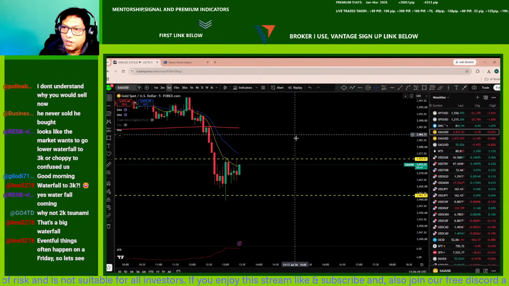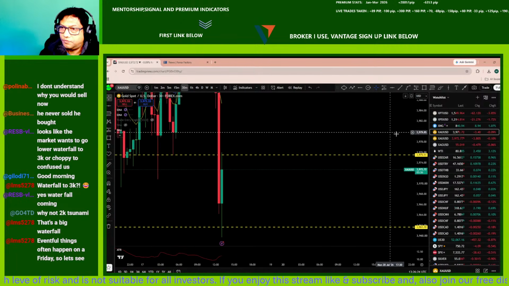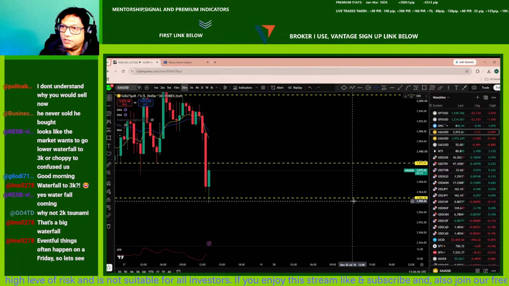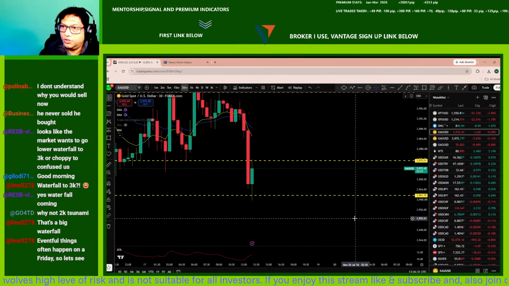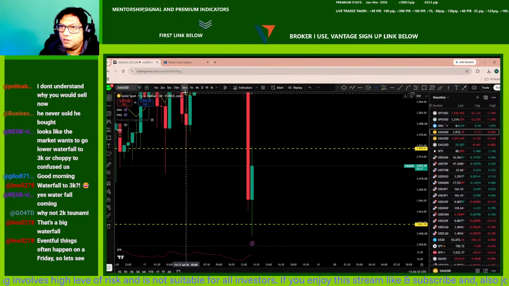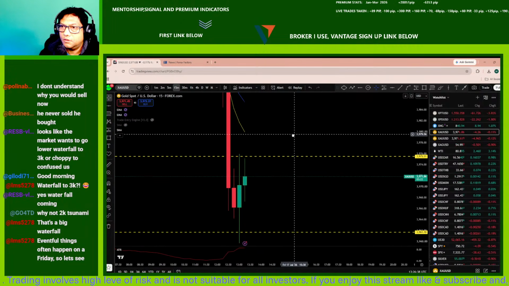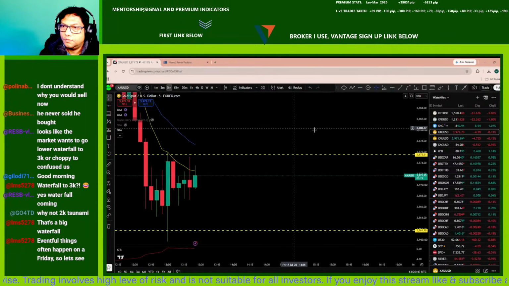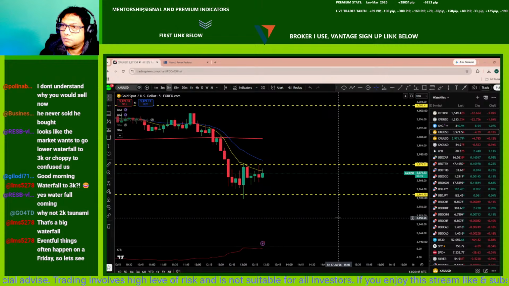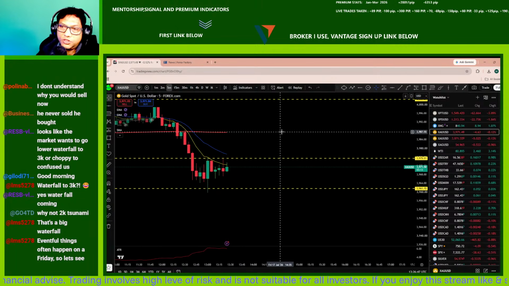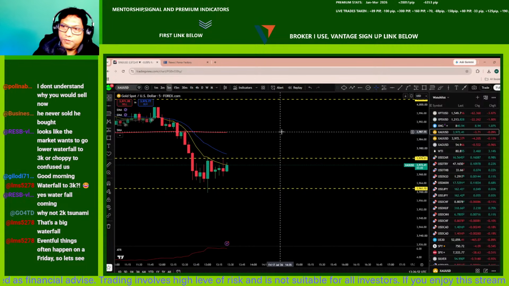Okay. As you can see, the price is trying to push up for this, and if you look at the 30 minutes candle, there is some upside bias that can happen here.